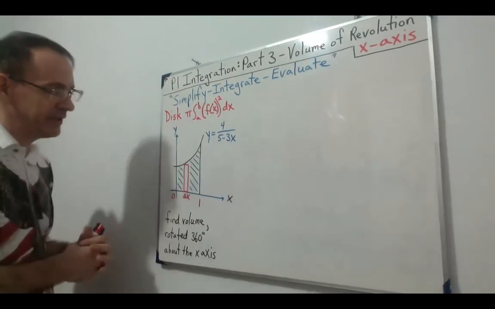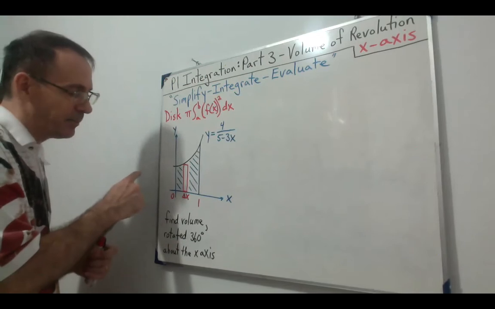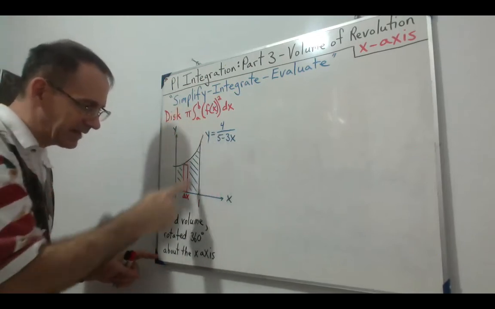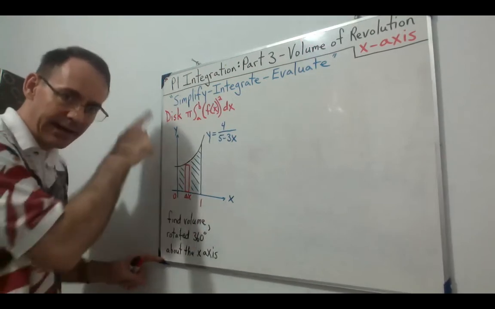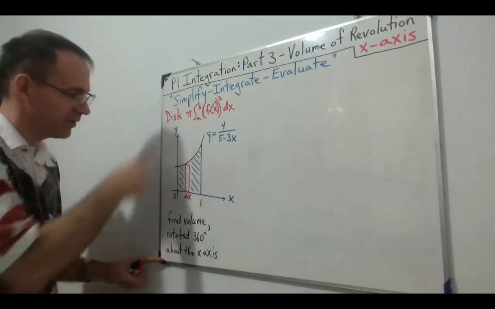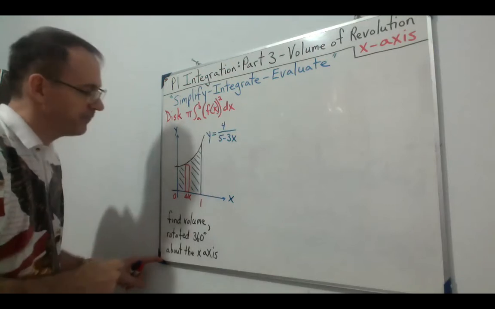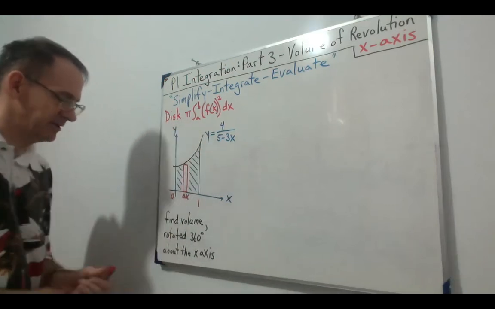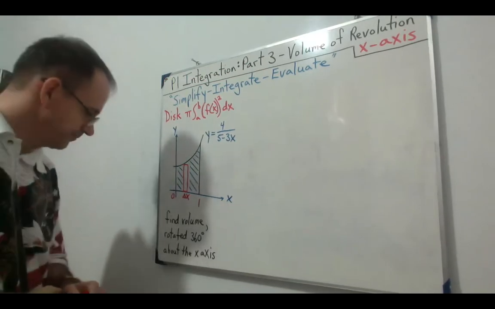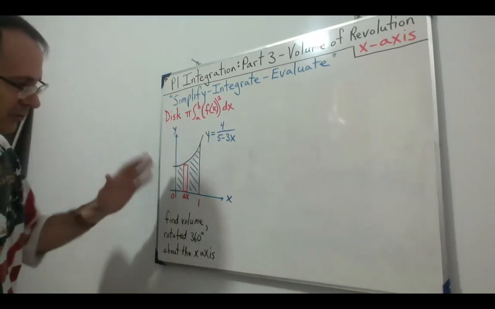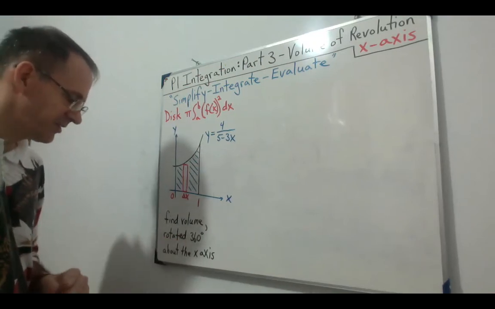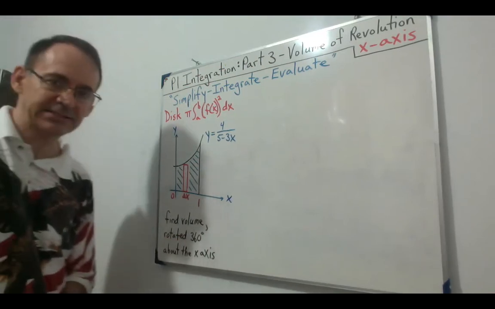So our shaded region is bounded by the curve, the x equals 1, and then our x and y axis. So they call it the coordinate axes, and then x equals 1 and this curve up here. It says find the volume by rotating the shaded region 360 degrees about the x-axis.